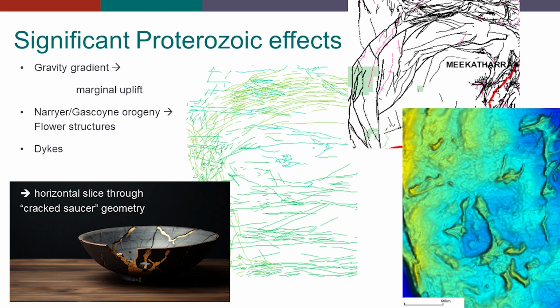I'll also just mention the fact that as we go from the central Youanmi to this western part, there are significant crustal scale features that we have to acknowledge, but we also have to sort of try and see past if we possibly can. There may have been a large degree of marginal uplift. You can see that the boundary with the Narrier terrane is actually drawn along a Proterozoic structure.